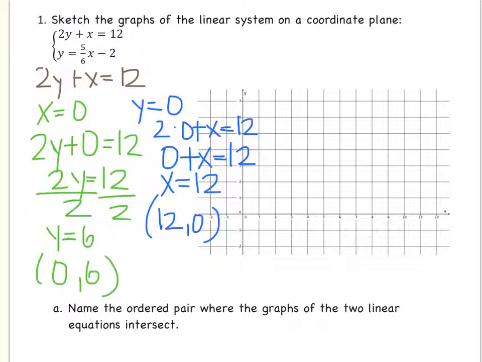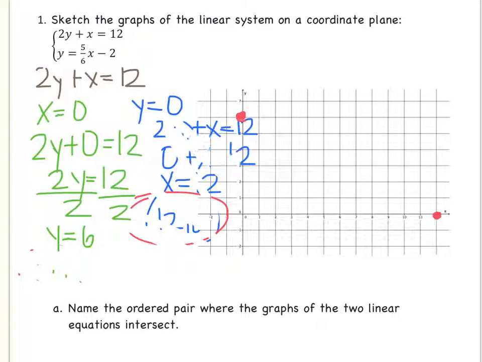So on your coordinate plane, make sure you plot those 2 points, (12, 0) and (0, 6). So (12, 0) would be over here. (0, 6) would be up here. Let me erase that. Make sure, if they're a linear equation, you use your ruler to connect the points.